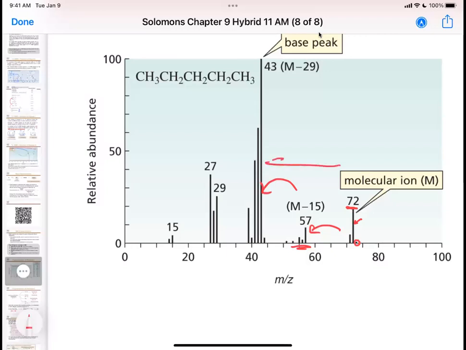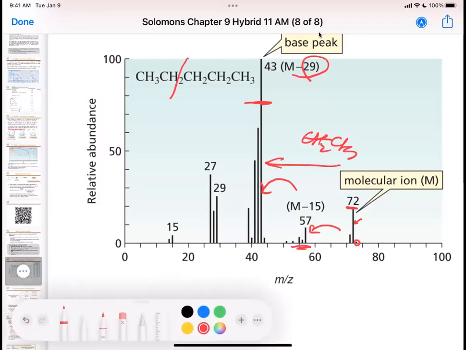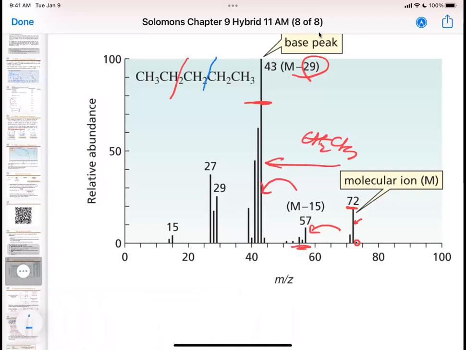It lost an ethyl group, an entire CH2CH3, which is 29. So this most stable peak is where it loses an ethyl group. It can lose an ethyl group from that side, or from this side. So it makes sense that it'd be the highest ion, right? Because you can break it from either side and get to the same peak.